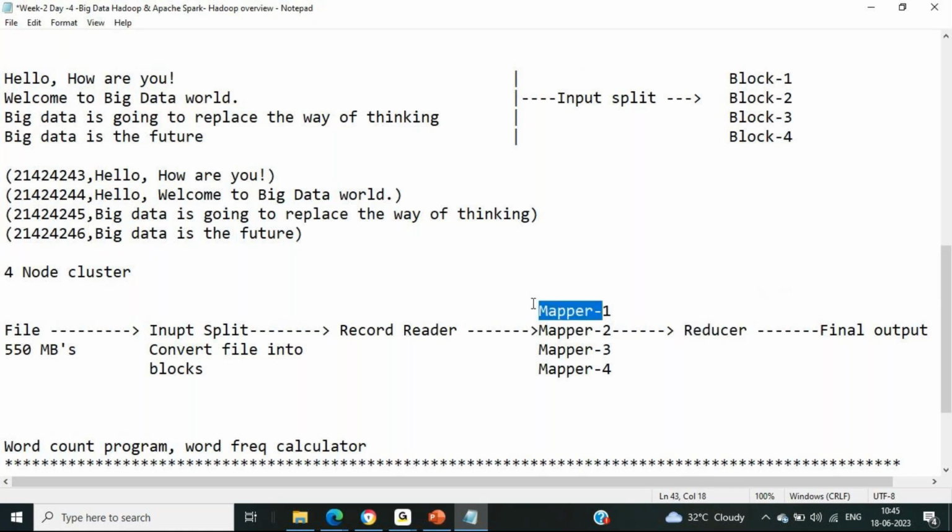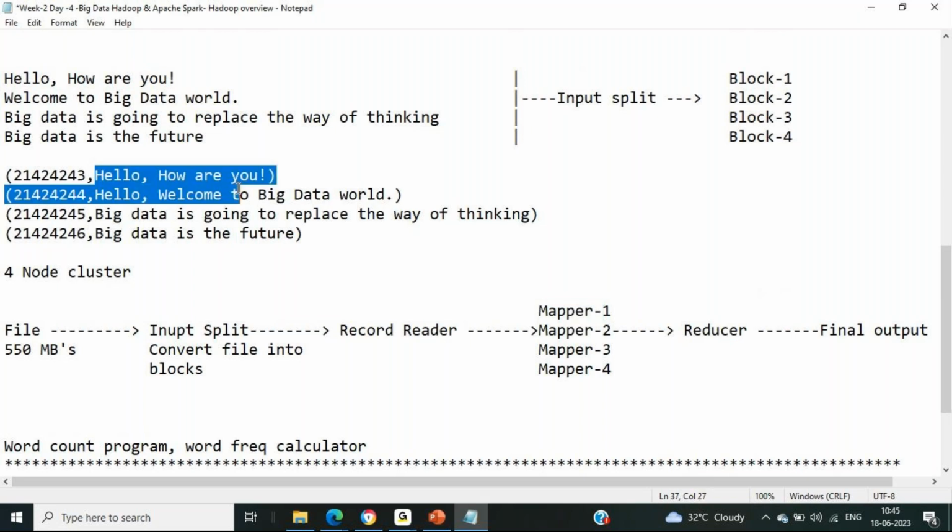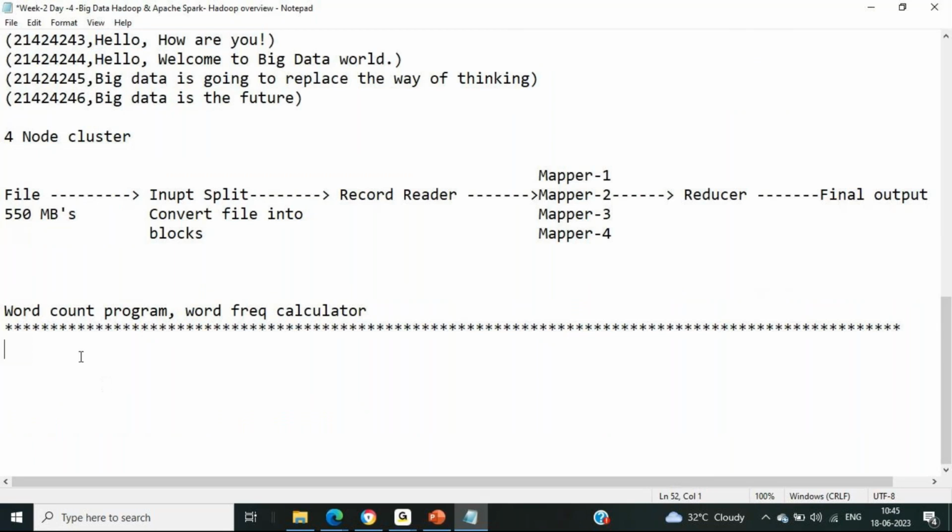So say for this particular block that is given to mapper 1, this is the input to mapper 1, and what will be the output?